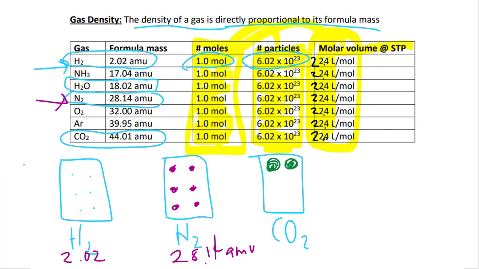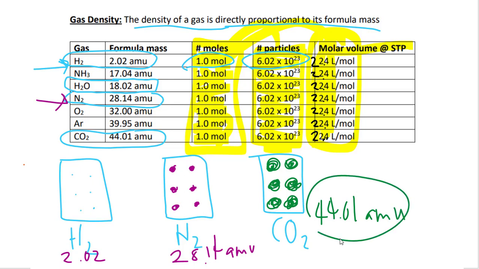So I still have the same number of particles in each one of these boxes. Same size boxes, same number of particles, but look at the density, and we can see that the CO2 at 44.01 AMUs is a lot denser than my H2.